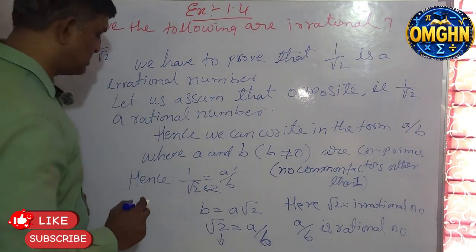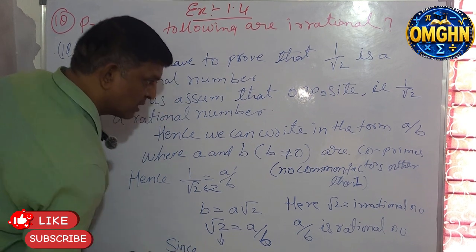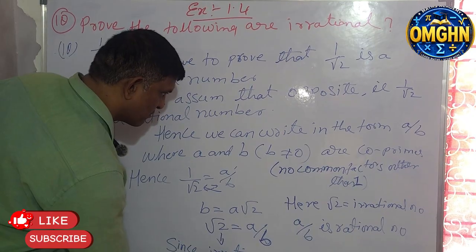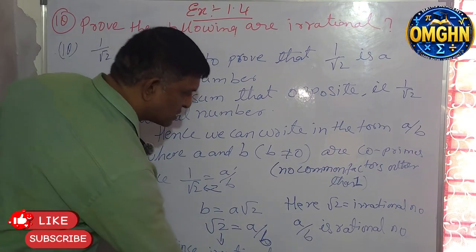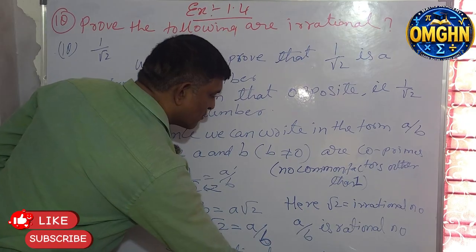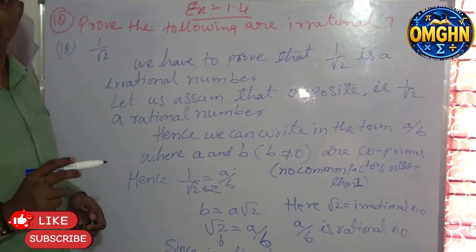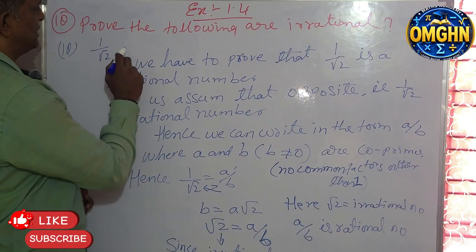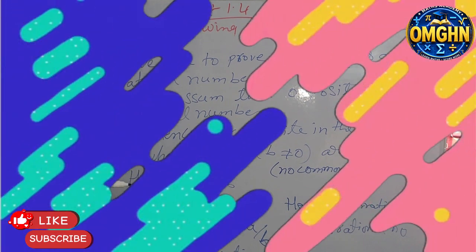Okay, root 2 is an irrational number, a by b is a rational number. Since an irrational number is not equal to a rational number, our assumption is wrong. This is a contradiction. Our assumption is incorrect. So 1 by root 2 is an irrational number. Okay.